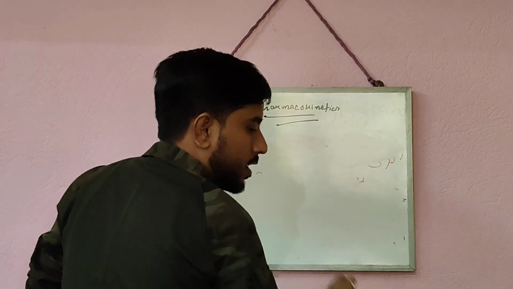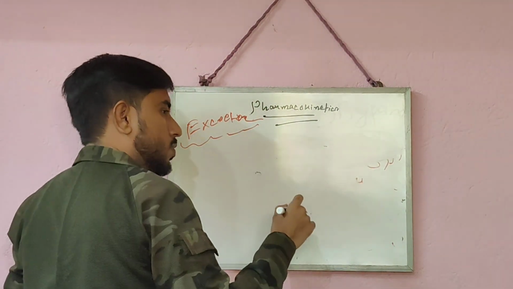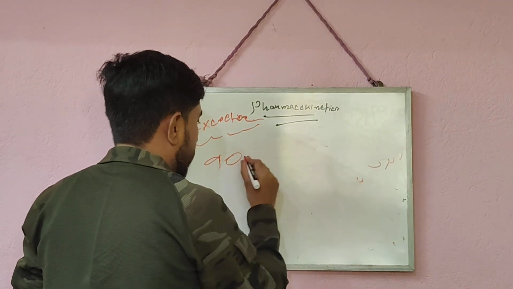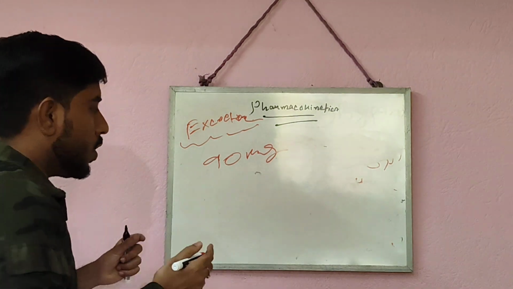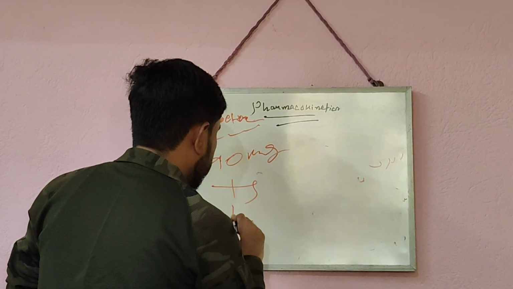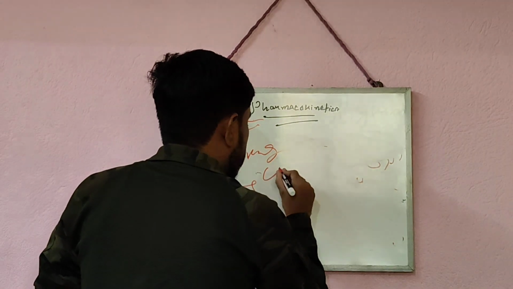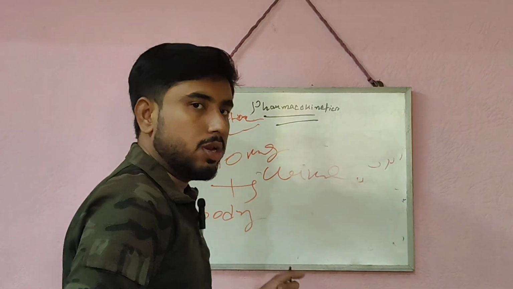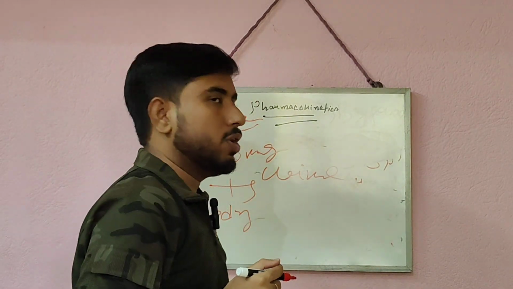And the remaining 90 mg, which is unprocessed and unmetabolized, is going to be excreted from the body by different routes of elimination. Like most of the drug is eliminated through the urine, but except urine, there are also different paths by which the drug is excreted.